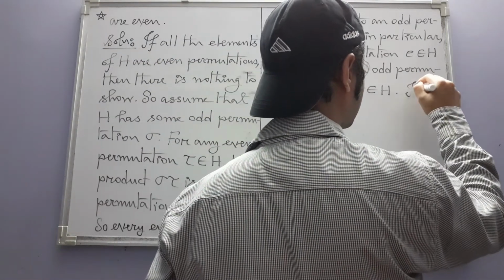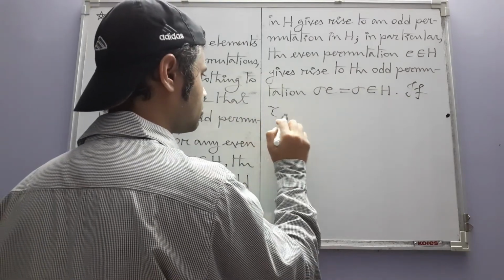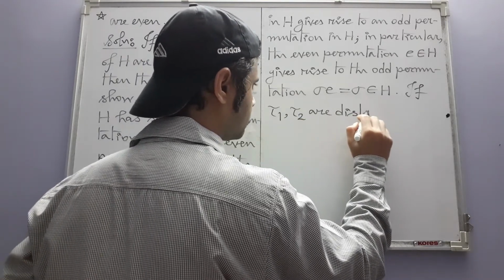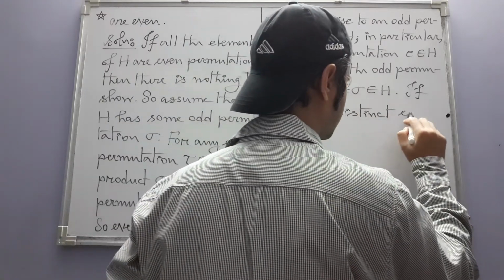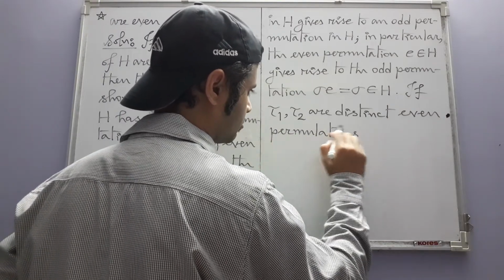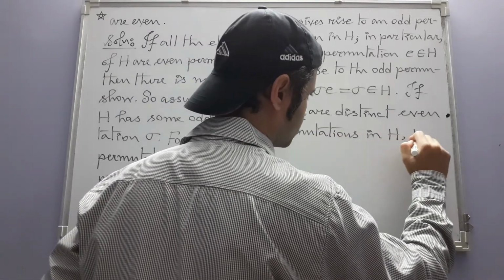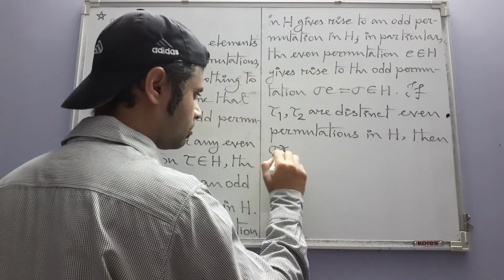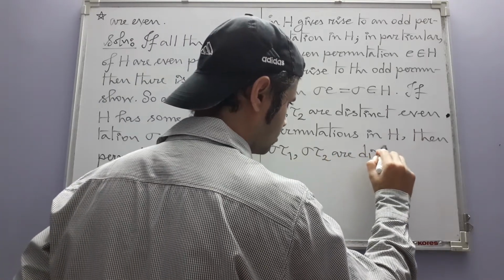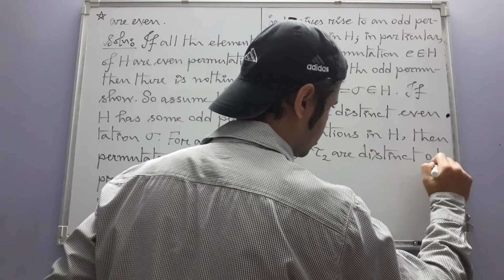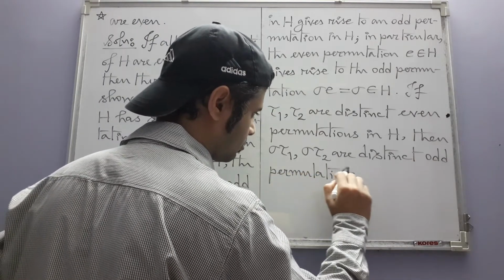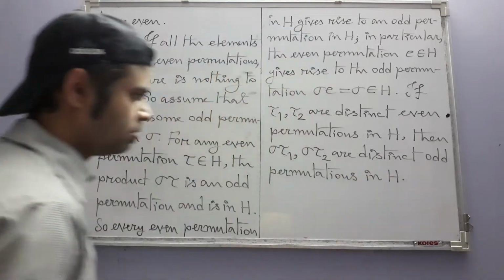If tau 1 and tau 2 are distinct even permutations in H, then sigma tau 1 and sigma tau 2 are distinct odd permutations in H. Why?